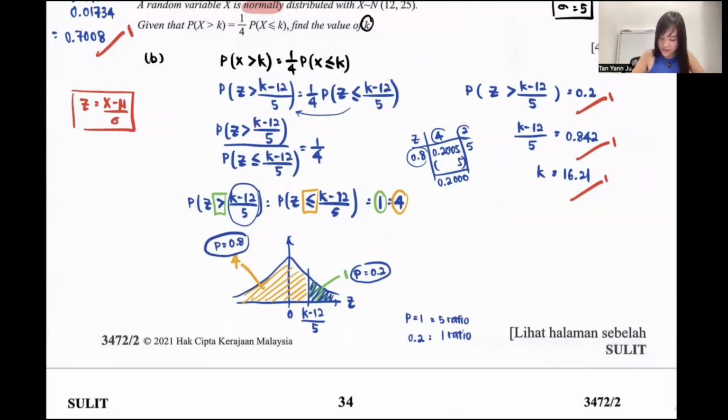They put 2 marks here. I think, my dear, it's like that. You get 0.842, 1 mark. You get the positive K minus 12 over 5, 1 mark, because some people will get negative, right? So, yeah. Just like that, this question get 10 marks.